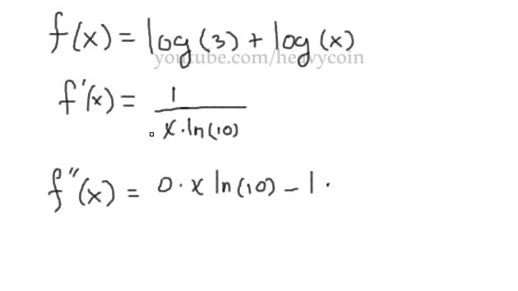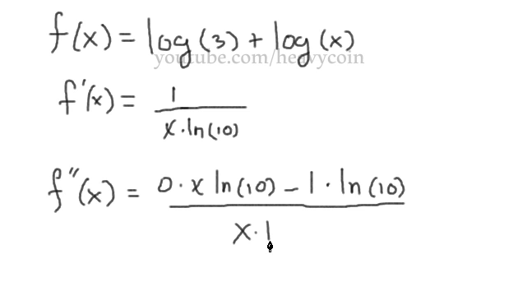Normally we'd just write that as a coefficient right over here, but it's written over here. But anyway, the derivative of x times natural log of 10 is just the natural log of 10, and of course it's all over the denominator squared.